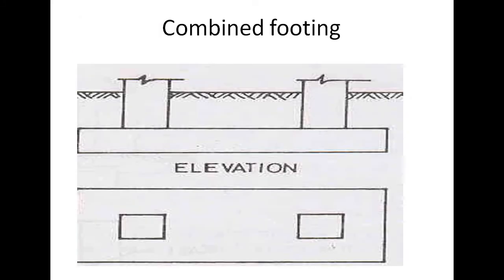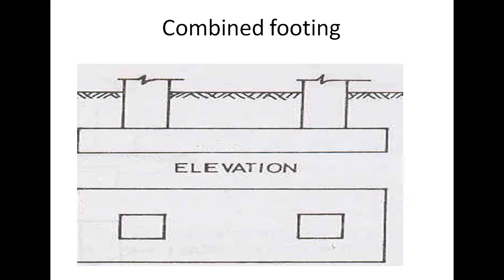Combined footing. A combined footing supports two columns. It is used when two columns are so close to each other that their individual footings would overlap. A combined footing is also provided when the property line is so close to one column that a spread footing would be eccentrically loaded.